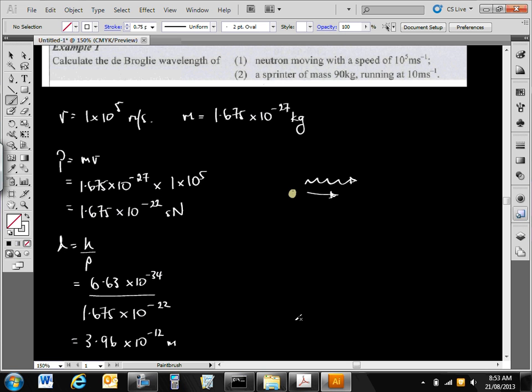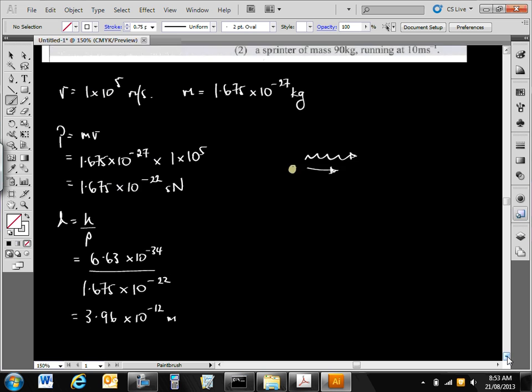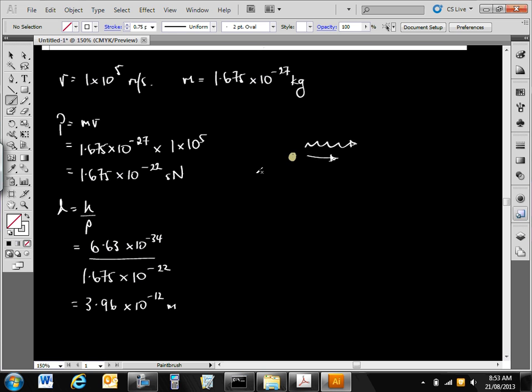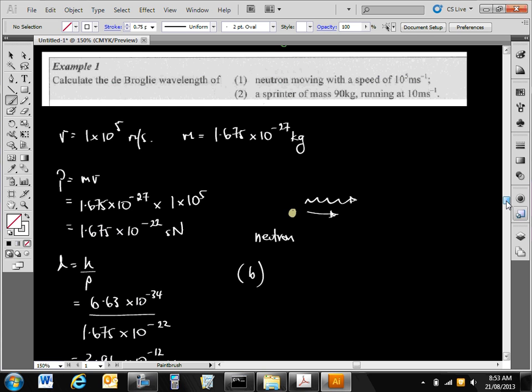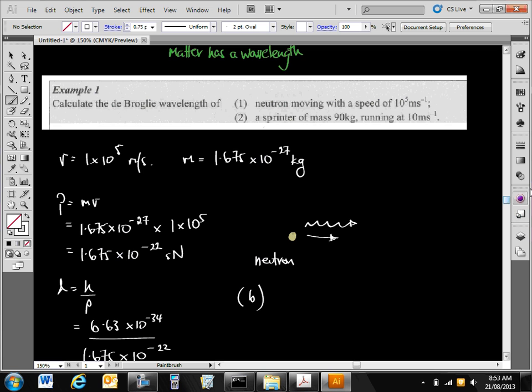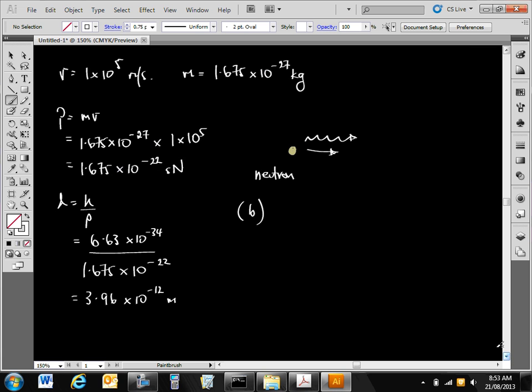Now look at it in two lights. Neutron. Part B says calculate the de Broglie wavelength of a sprinter of mass 90 kilos running at 10 meters per second. So we're looking in the macro scale now.